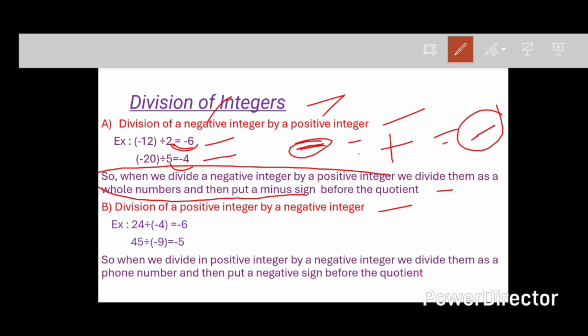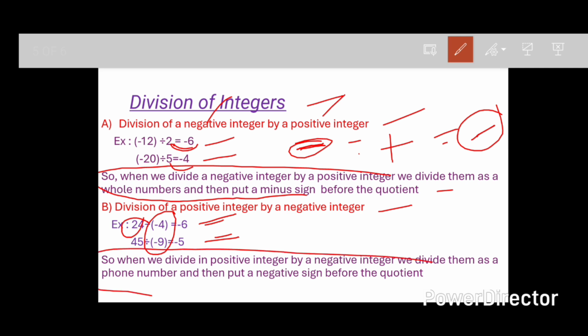Next method, division of a positive integer by a negative integer. This process is just opposite to this one. Here the first number is positive, next is negative. What happens? Just ignore the symbol first. 4 how much are 24? 4 6s are. Next 9 how much are 45? 9 5s are. Here also only one negative symbol is there. That's why the quotient also is negative. Okay.